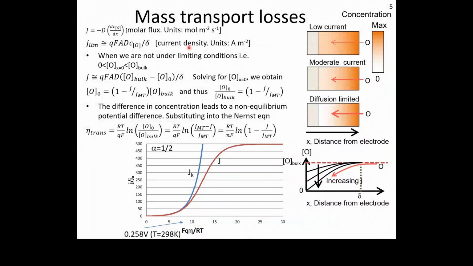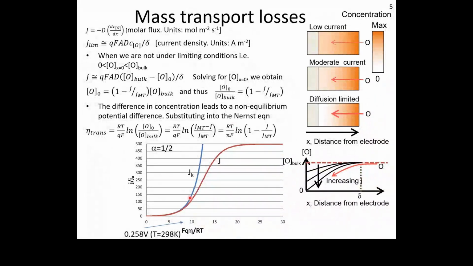We can mathematically define what will happen under those conditions, and define an overpotential, which is a transport overpotential associated with going from this situation to this situation. So this transport overpotential is associated with the shift in the Nernstian reversible potential associated with the change in concentration of O at the electrode-electrolyte interface.